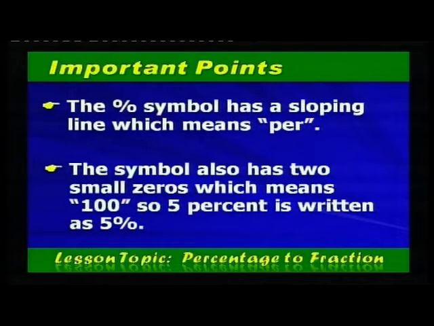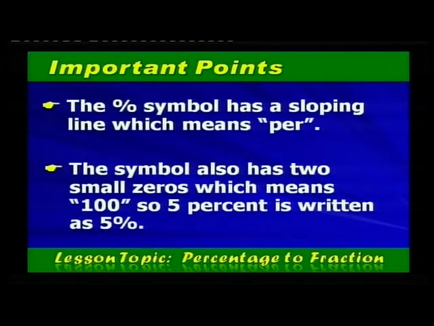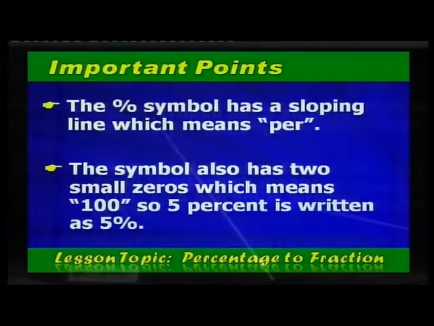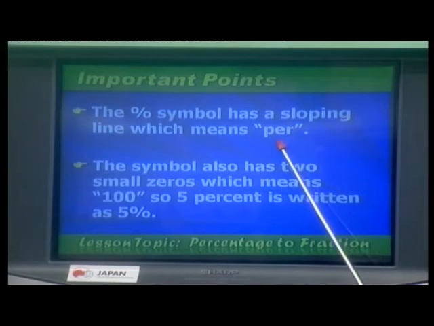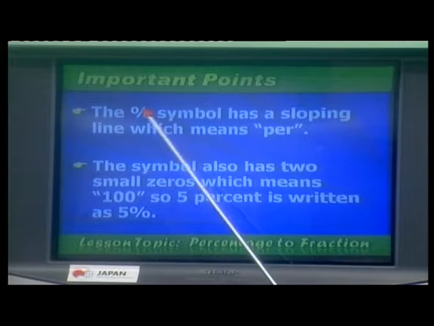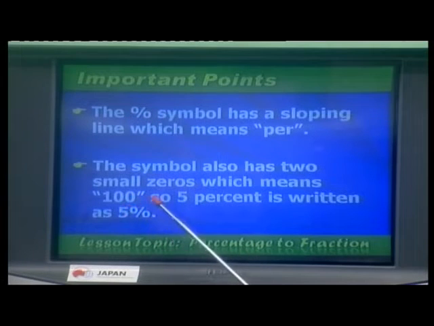The percentage symbol here has a sloping line. This is the line that is referring to per, which means per. The symbol has 2 small zeros, which means 100. So 5% is written as 5% with this symbol.